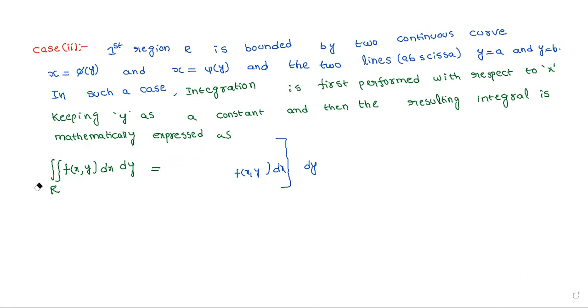First the integration is written as y equal to a to b, integration x equal to pi of y, x equal to psi of y. First we evaluate the x integration, y is a constant. So, the diagram.